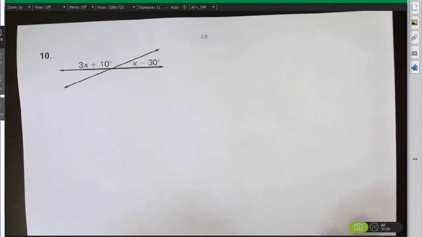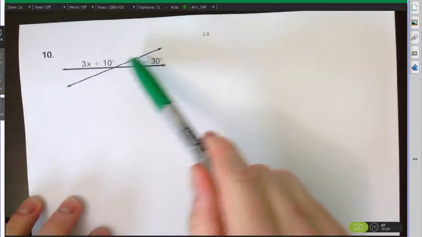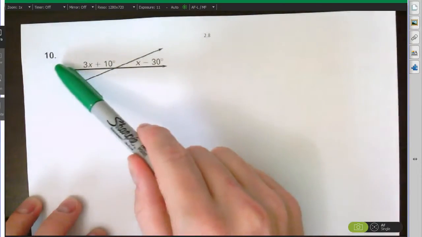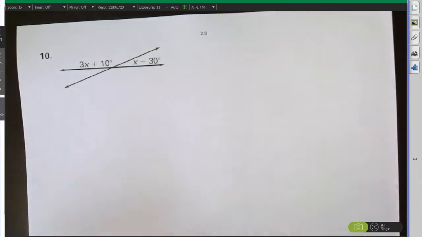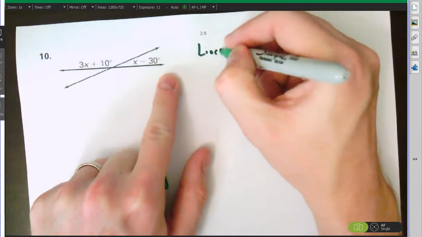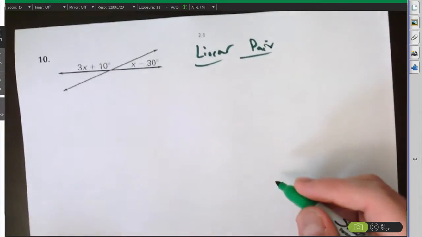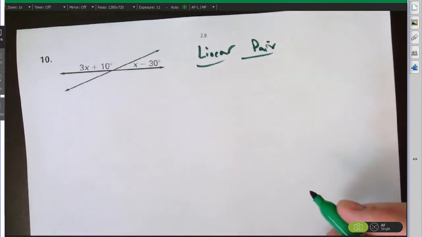Another one. Another pretty common example you need to be able to do. This guy here. Another pair of angles in a drawing. This time though, the angles aren't across from each other, they're adjacent. Not only are they adjacent, but they also form a line. So what are they? A linear pair. What do we know about linear pairs? They're supplementary.